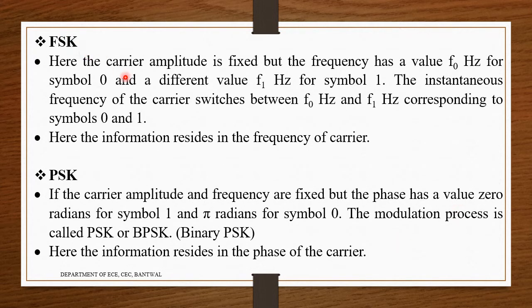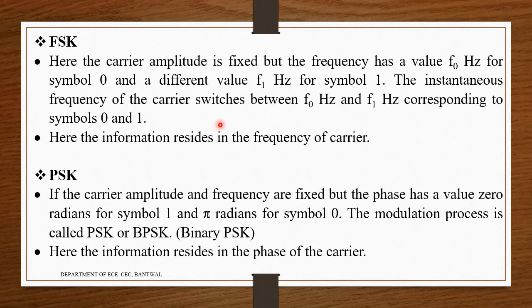Next one is the FSK. Here the carrier amplitude is fixed, but the frequency has a value f0 hertz for symbol 0 and a different value f1 hertz for symbol 1. So when we have symbol 1, f1 hertz will be the greater frequency, and symbol 0 is represented with f0 hertz, the lower frequency. So frequency f1 is greater than f0. The instantaneous frequency of the carrier switches between f0 hertz and f1 hertz, corresponding to symbols 0 and 1 respectively.